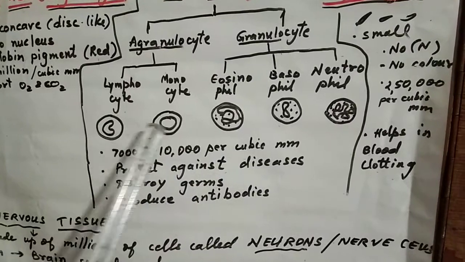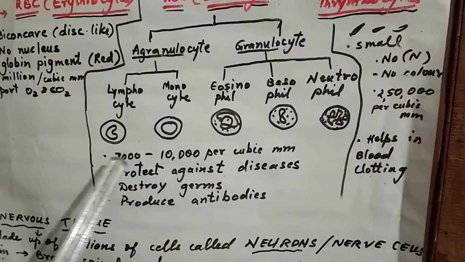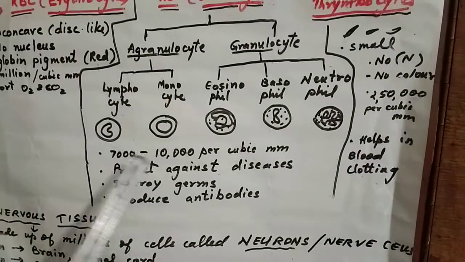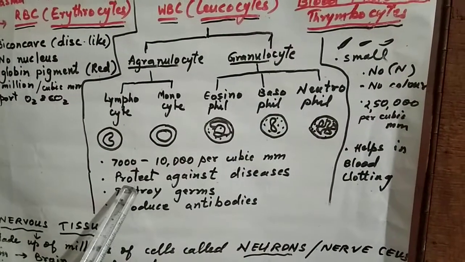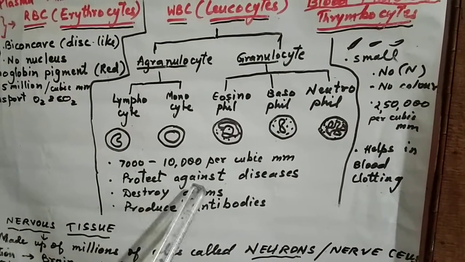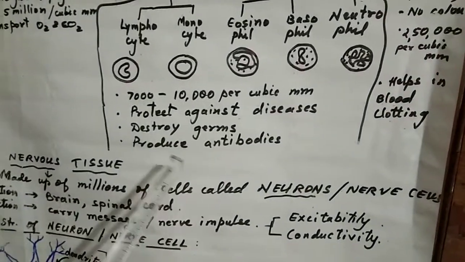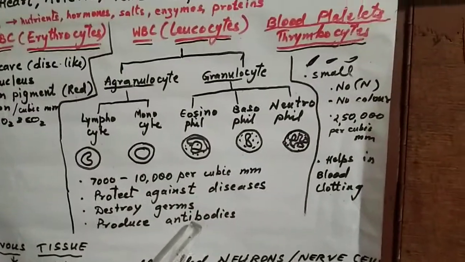Do remember they have a specific type of nucleus in them. What is the number of WBCs present in a human being? It can be 7,000 to 10,000. What is the main function of it? They protect against diseases. They destroy germs and they also produce antibodies to kill the germs.